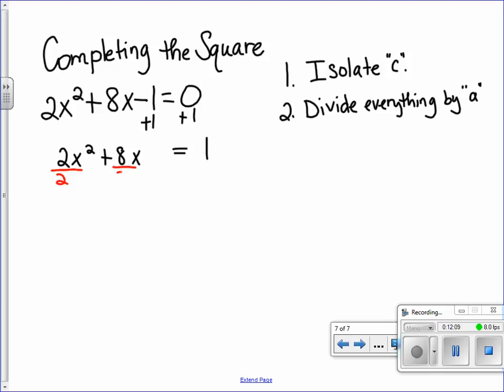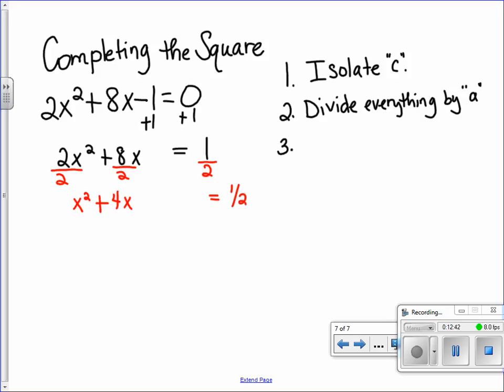So everything needs to be divided by A. This is when you're going to want to leave a gap. If it's 1, because what does dividing by 1 do? I mean, you can skip it.